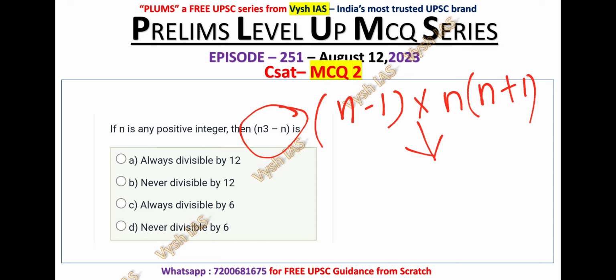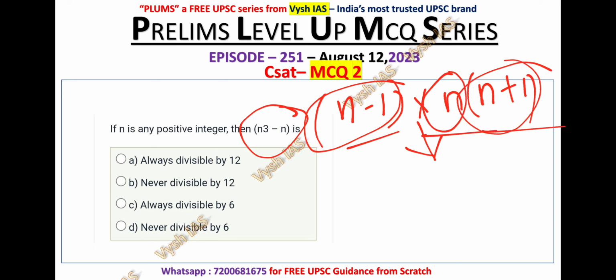When n is a positive integer, this is the product of 3 consecutive integers: n minus 1, n and n plus 1. For any number n equal to 2 or greater, the product will have a factor of 6 in it.